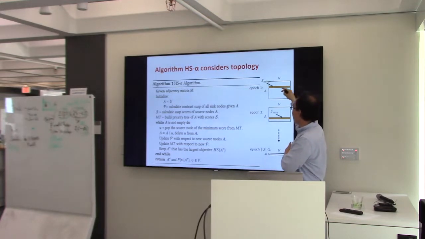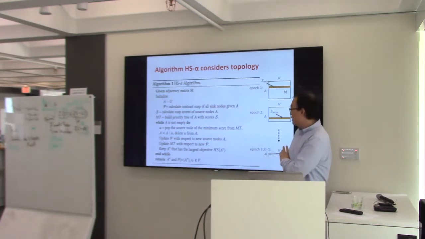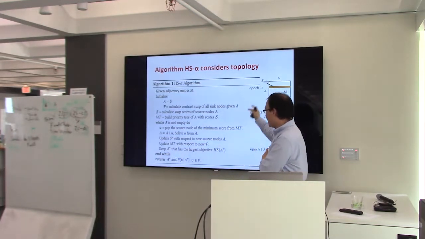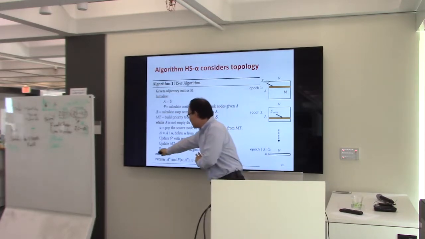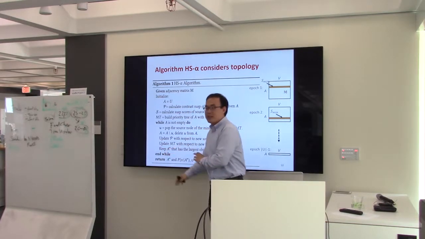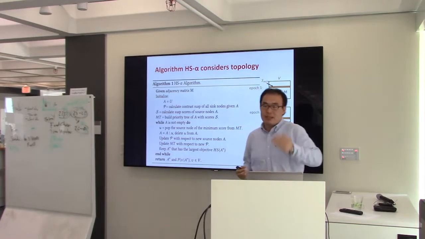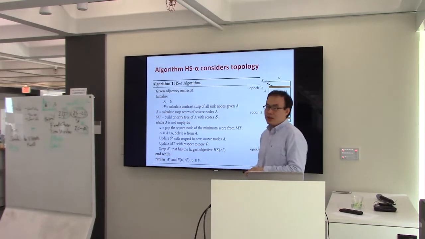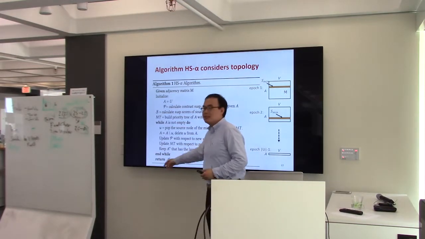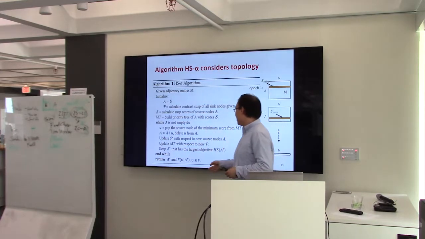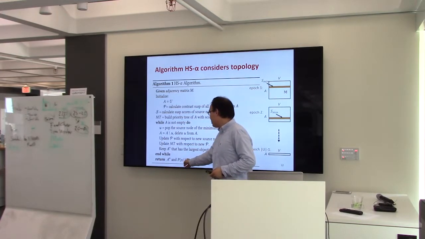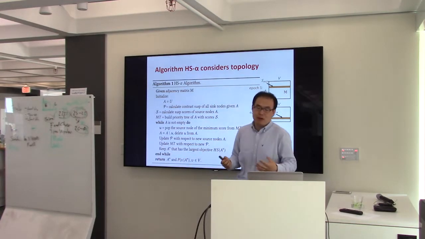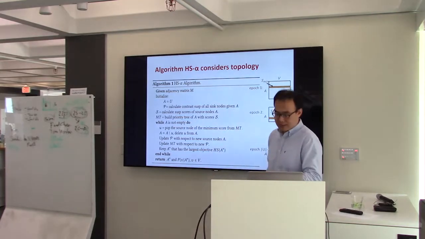So each iteration we remove one row, until at the end only one row is left. During the procedure we only keep A star, the set that makes our objective function achieve the largest value. Then we return A star as the fraudsters, and we can also output the suspiciousness of each object given A star.